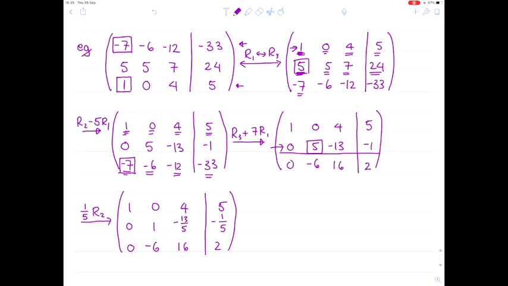And now that we've got this one over here, we want to make sure that it's the only non-zero entry in this column, which means we need to get this minus 6 to be a 0. So the only thing we can do really is add 6 times row 2 to row 3. So again, be careful when you write down the rows that are not changing.